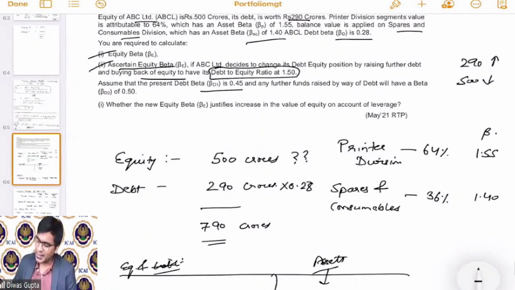This is different from what we were told earlier, where the general information said you can assume a debt beta of 0.28. But specifically for this part, assume the debt beta is 0.45 and any further debt raised will have a beta of 0.5. So we will go with what the question is saying.